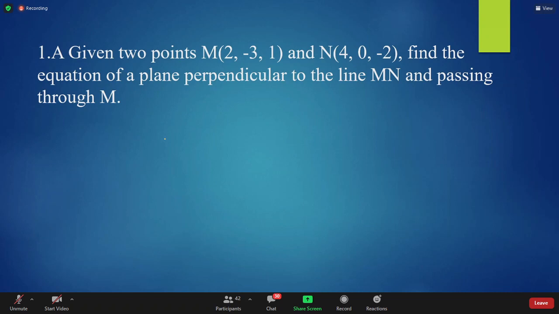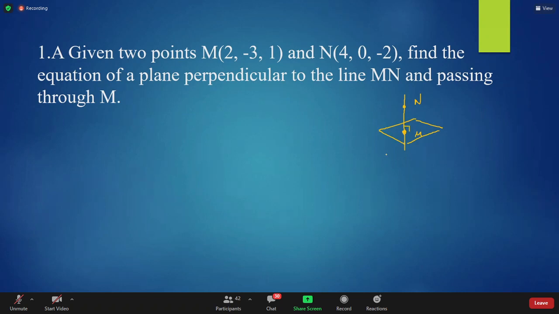So, given 2 points, find the equation of a plane perpendicular to the line MN passing through M. Suppose we have 2 points, M and N. We have the line MN, and we need to draw a plane that passes through the point M and is perpendicular to this line.